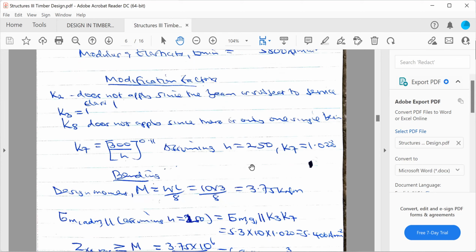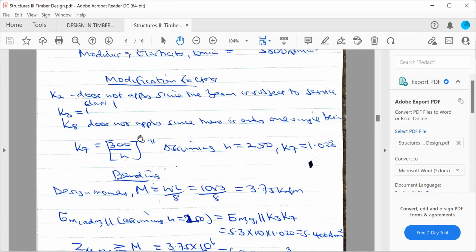Because we are assuming our depth is 250 millimeter, we shall use the formula. When we go to the standard section table, you must ensure you use a depth of 250 millimeter to conform with your earlier assumption. I will show you how to go about it.